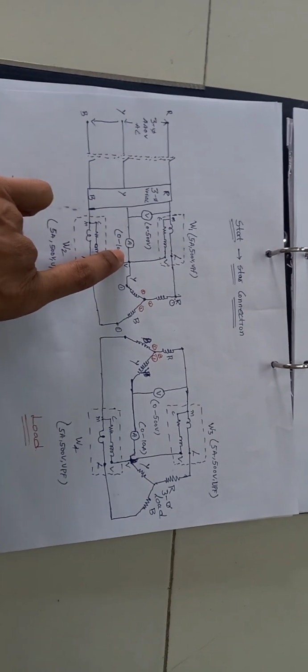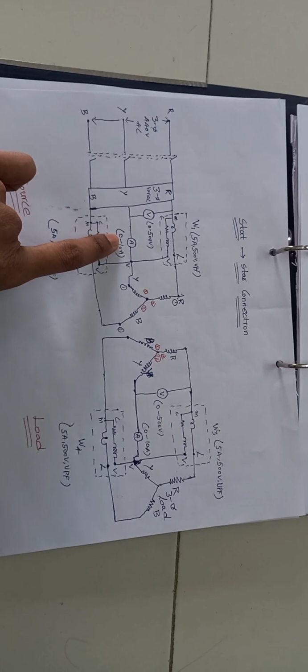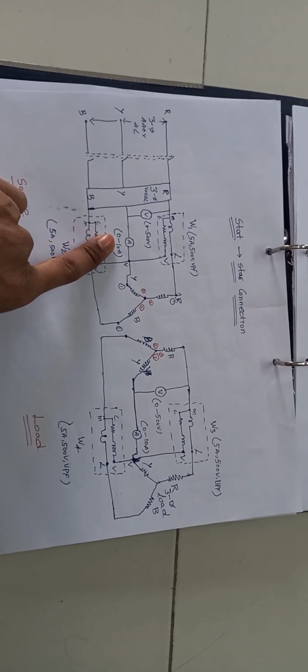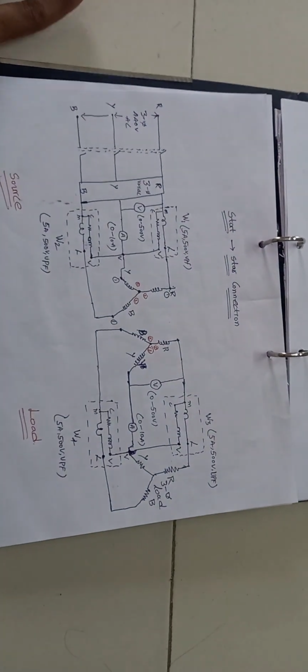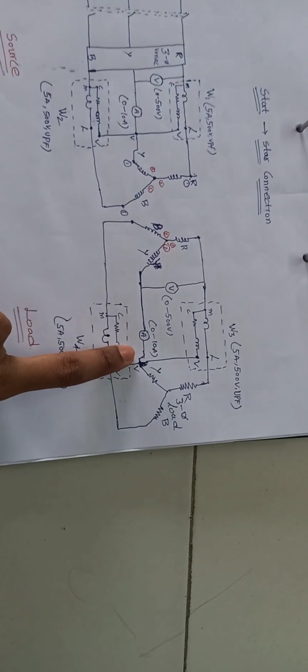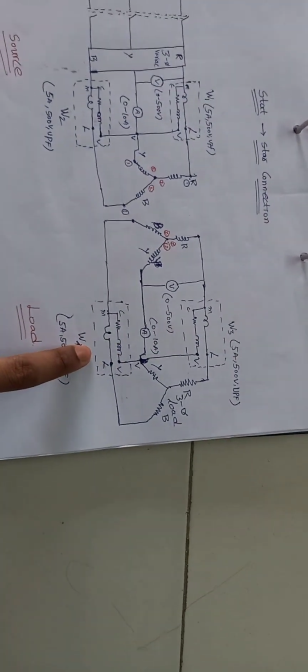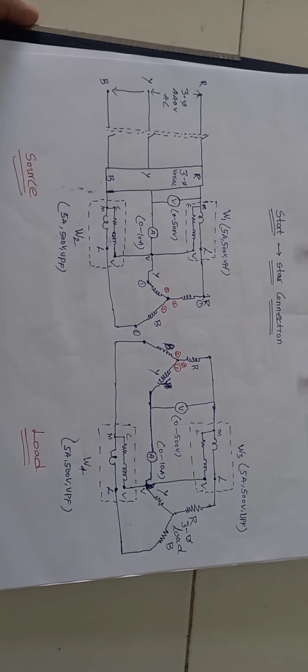Just like we are taking only one ammeter to measure one phase current, the remaining 3 phases also have the same current. So here also, we are taking 1 voltmeter and 1 ammeter and 2 wattmeters. Star to star balanced type of connection, this one.